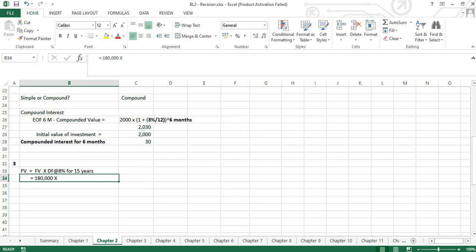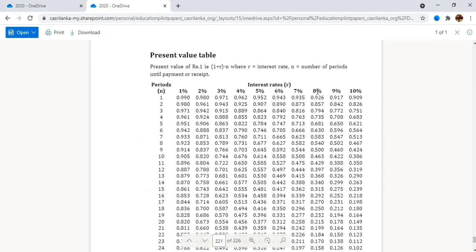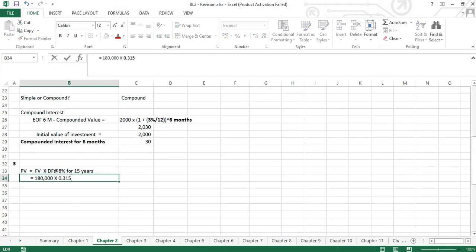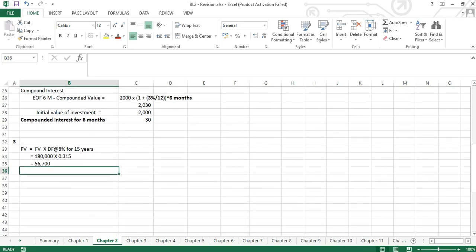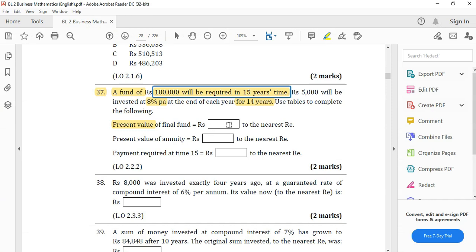So for 15 years, the discount factor at 8%, if you find it from the table, is 0.315. So I multiply it by 0.315, or you can use the formula for the discount factor. What's the answer then? 180,000 by 0.315 is 56,700. Okay, so the first one's answer will be 56,700.